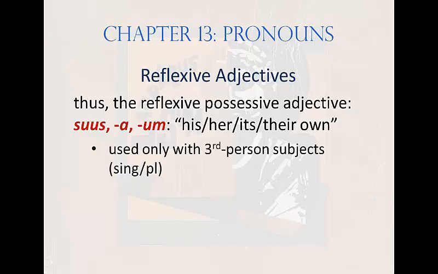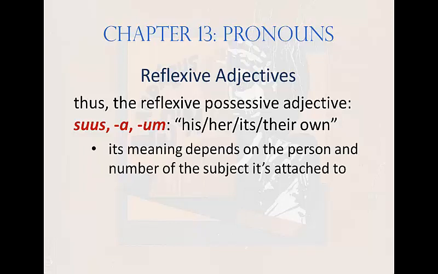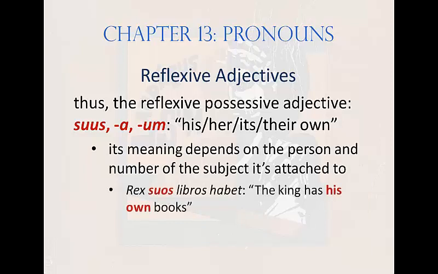In principle, then, it can be used only when the subject is third person. And note that its translation, whether it's his, hers, its, or theirs, depends on the nature of the subject. So, for instance, rex suos libros habet means the king has his own books.